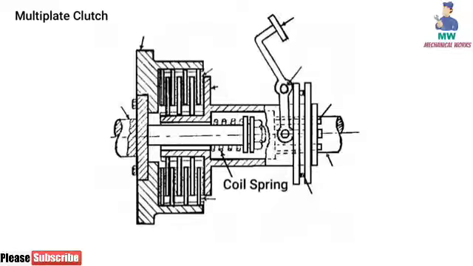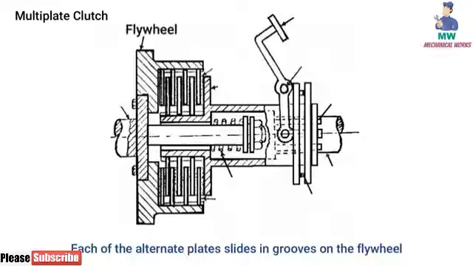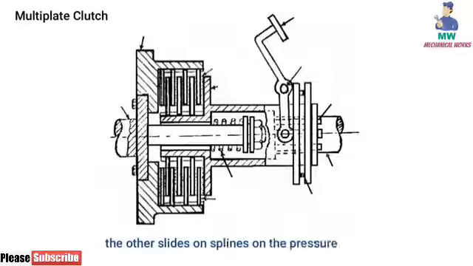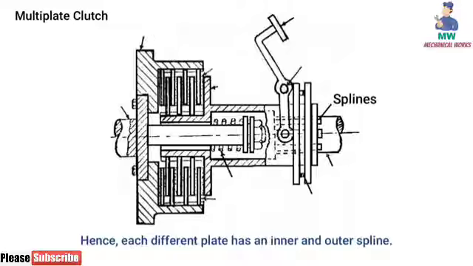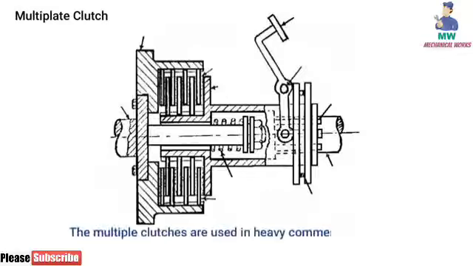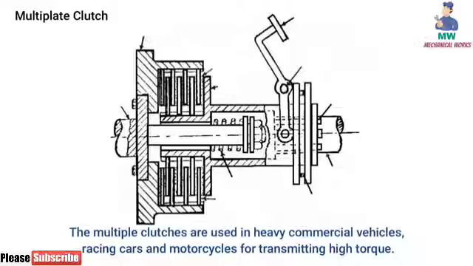Clutch plates are pressed by coil springs and assembled in a drum. Each alternate plate slides in grooves on the flywheel, and the other slides on splines on the pressure plate. Hence, each alternate plate has an inner and outer spline. The multi-plate clutches are used in heavy commercial vehicles, racing cars and motorcycles for transmitting high torque.